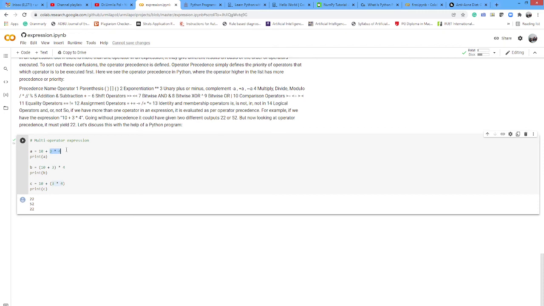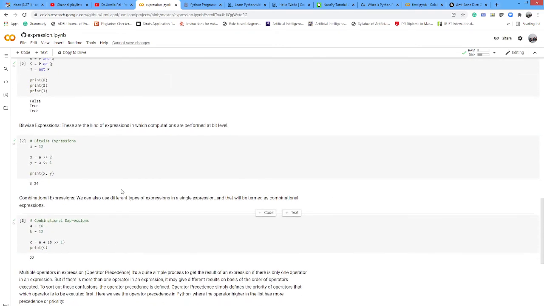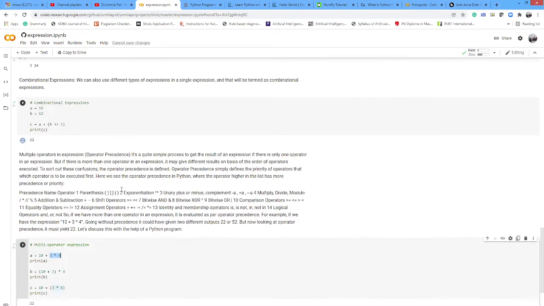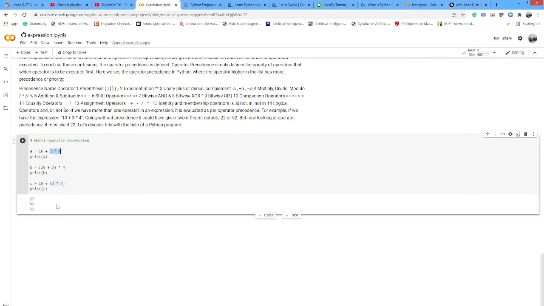It first calculates 3 multiplied by 4, it is 12, and 10 plus 12 is equal to 22, therefore it gives 22 as the result. With 10 plus 3 into 4 in parentheses, first it calculates the parenthesis 13 into 4, it gives 52 as the result. The first precedence is the parenthesis, therefore it calculates that first.